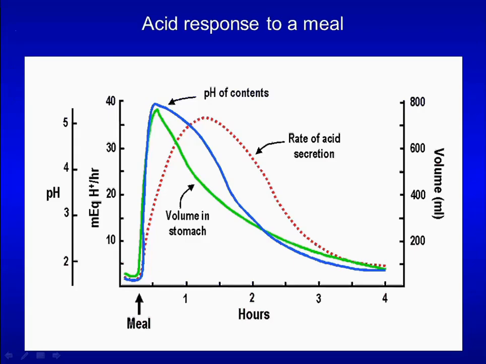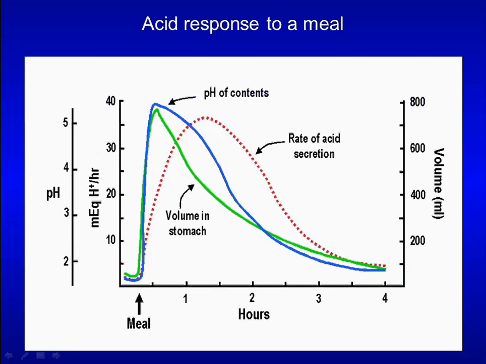Here is a time course of acid response to a meal. The blue line represents pH, green line represents volume of stomach, red line represents rate of acid secretion. Before the meal, pH, volume, and rate of acid secretion are all low.